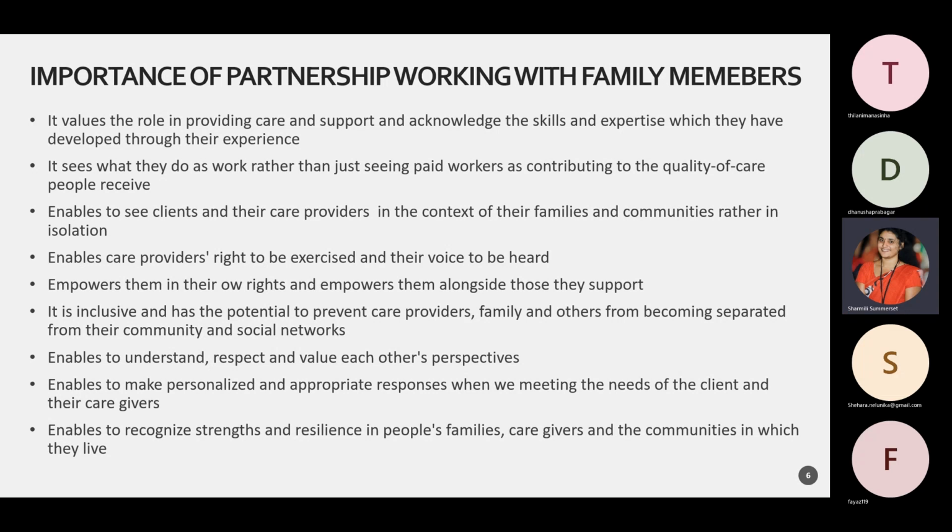It is inclusive and has the potential to prevent care providers, family, and others from becoming separated from their community and social networks. So by working with the family also, we can help them to identify, because sometimes the activities of the family members may make the society or the community become separated, or they may make the family become isolated.